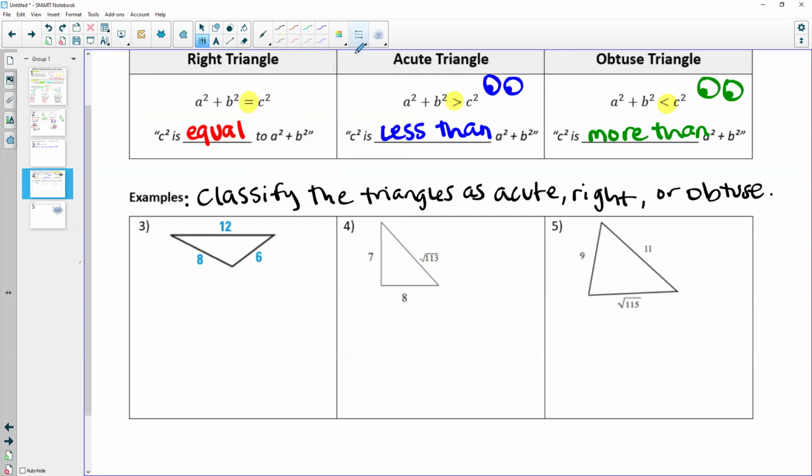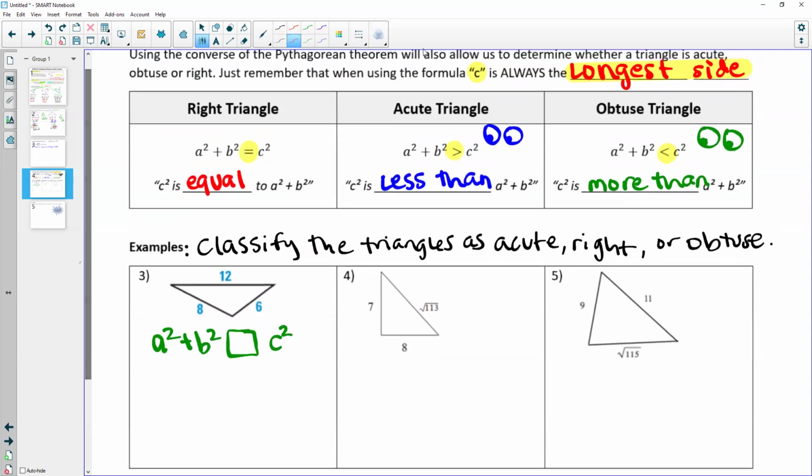So let's jump into it and see what I would like you to do when setting this up. We're using the formula a squared plus b squared, and I'm going to put a box here because right now I don't know: is it equal, greater than, or less than c squared? What you do need to make sure of is what we said earlier: c is the longest side.